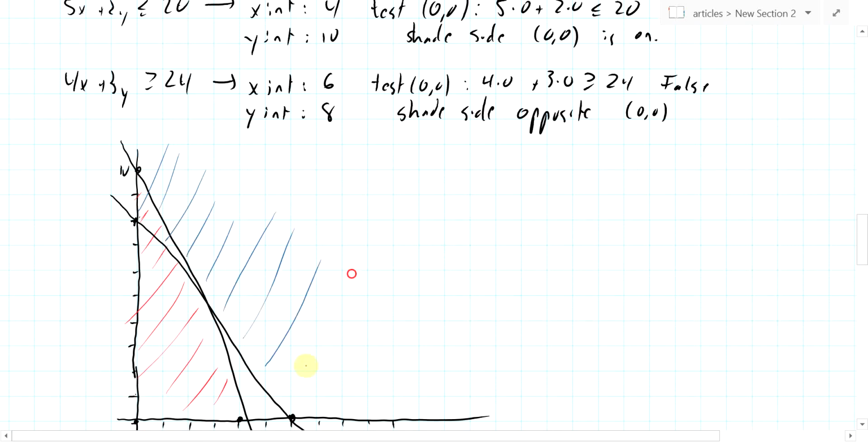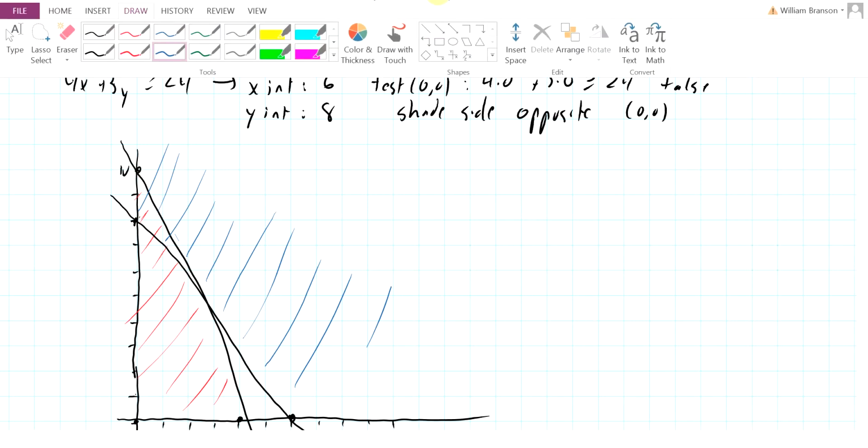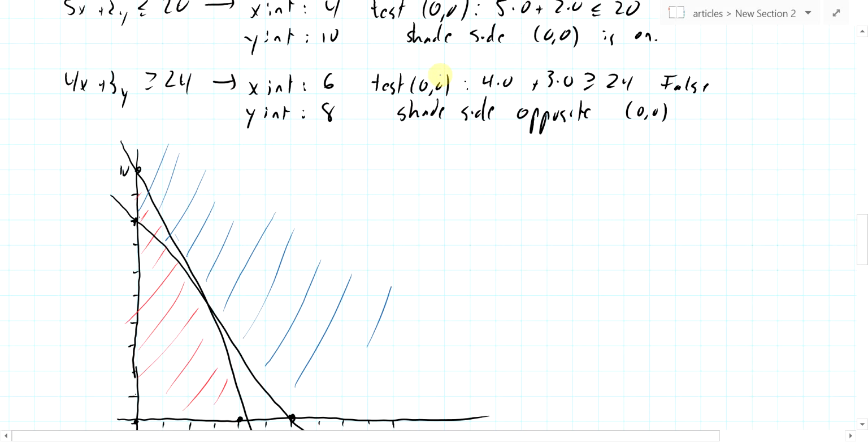And so for this line, we want all that area. So what's the area we want that is in both? Well, that's just this area up here. What area do we want? Well, we can get rid of all these blue ones.